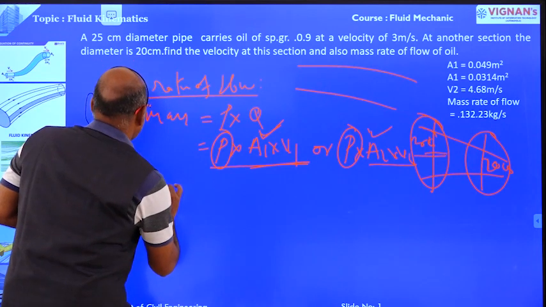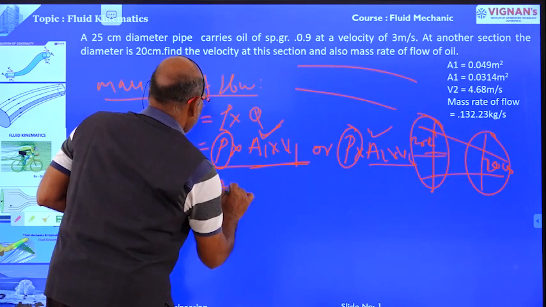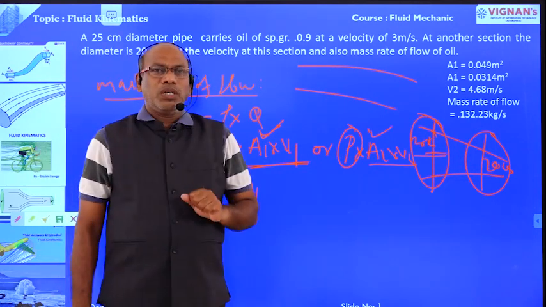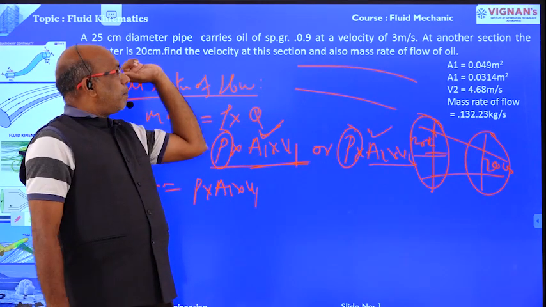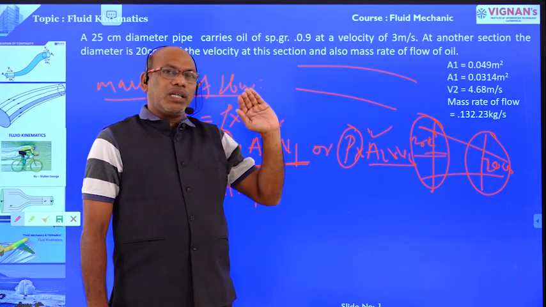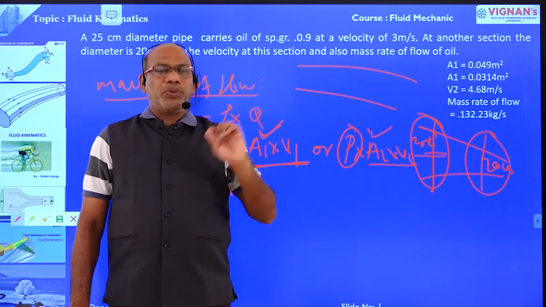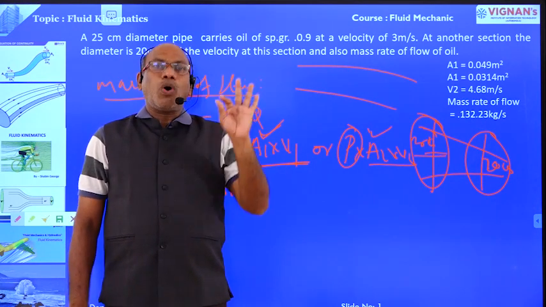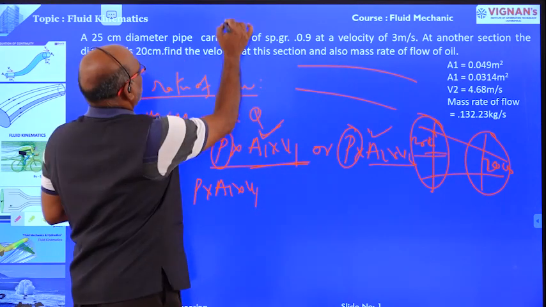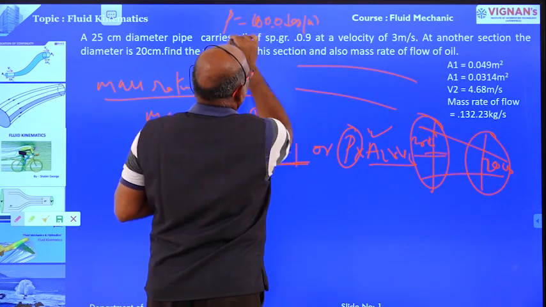Therefore mass is equal to rho into A1 V1. But what is rho? If the pipe is carrying water, rho equals 1000 kg per cubic meter. That I have already given to you. For the standard liquid, the water, the mass density is 1000 kg per cubic meter.